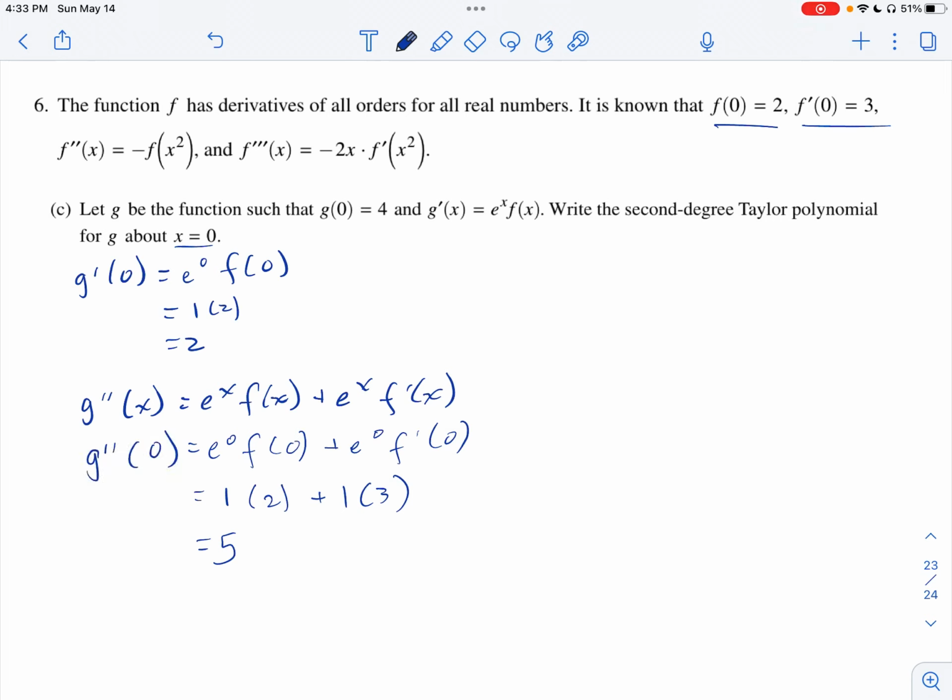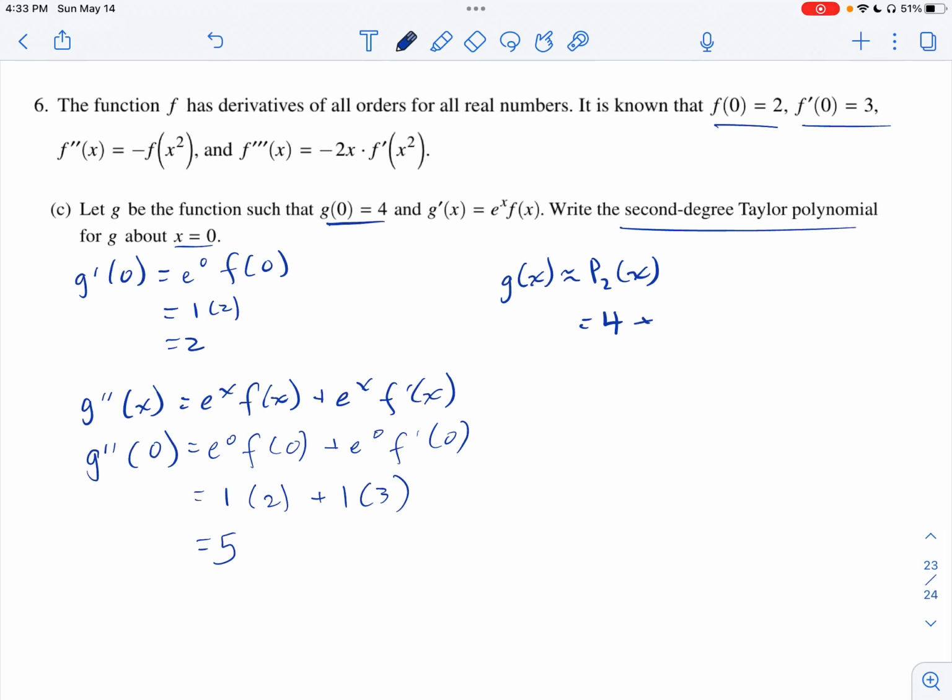Okay, so we're ready to write our second degree Taylor polynomial for g of x. We can say that g of x is approximately equal to some second Taylor polynomial, which is equal to the following. Our constant, which was 4, that was given to us here.